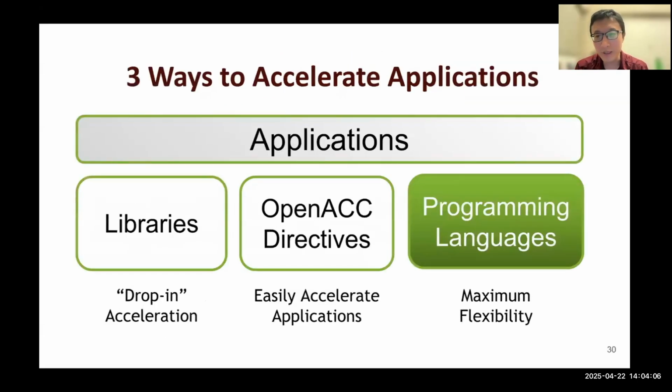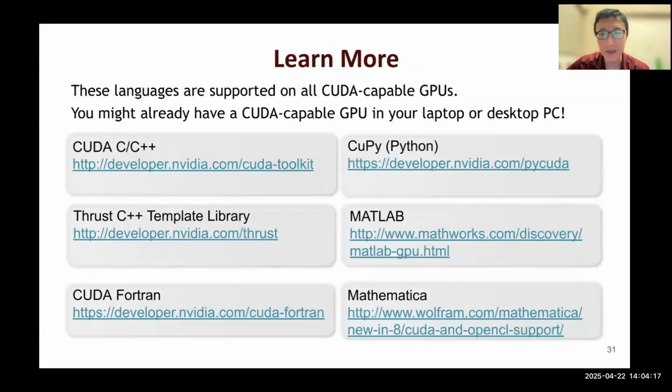Now, the next one, of course, is programming languages. Programming languages go beyond CUDA, because many other programming languages can support GPU programming. As you may have already heard, there is OpenCL, and TBB, which can handle not just GPUs.